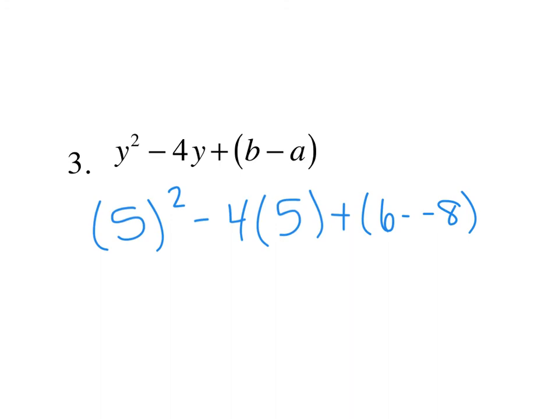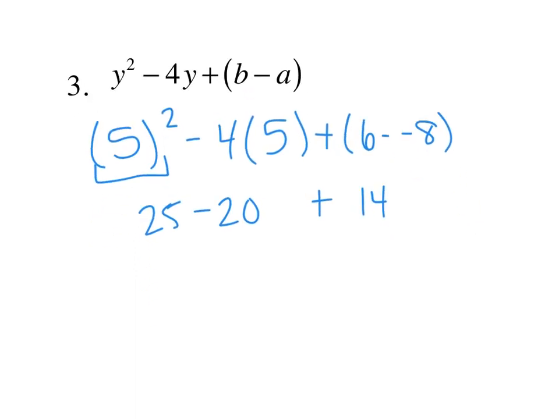So if you're doing it by hand, let's do it by hand. 6 minus a negative 8 is 14. 5 squared is 25. Negative 4 times 5 is negative 20. What's 25 minus 20? It's 5. And then 5 plus 14 is 19. That is your final answer.